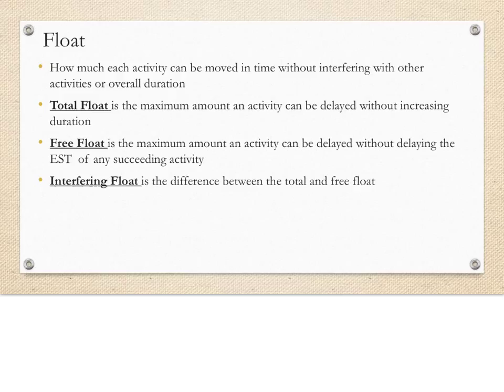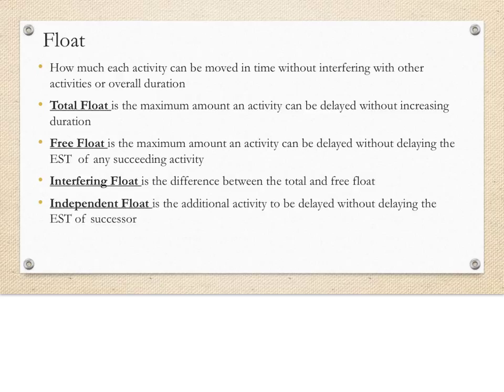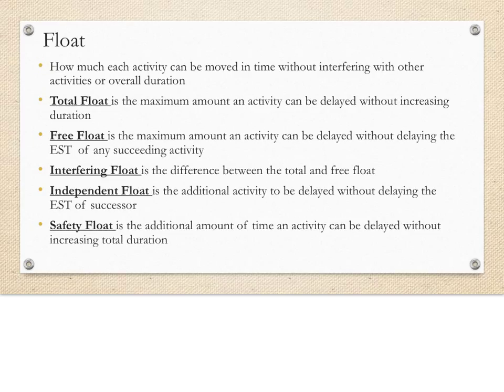Interfering float is simply the difference between the total float and the free float. Independent float is the additional amount an activity can be delayed without delaying the earliest start time of the task's immediate successor. And finally, safety float is the additional amount of time an activity can be delayed without increasing total duration.